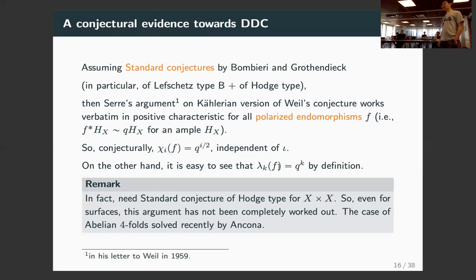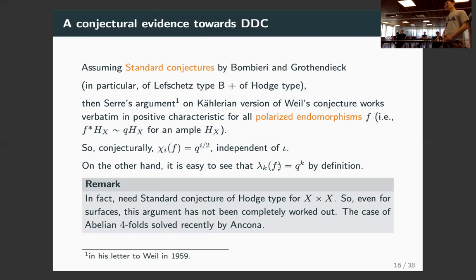So if we try to use the whole standard conjectures to solve the Weil Riemann hypothesis, it's quite hard. Okay, but we now know that we don't need to use the full standard conjectures. For example, the Weil Riemann hypothesis is known for Abelian varieties in any dimension.